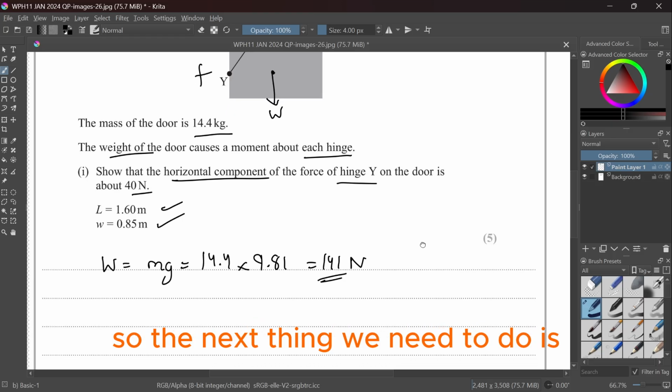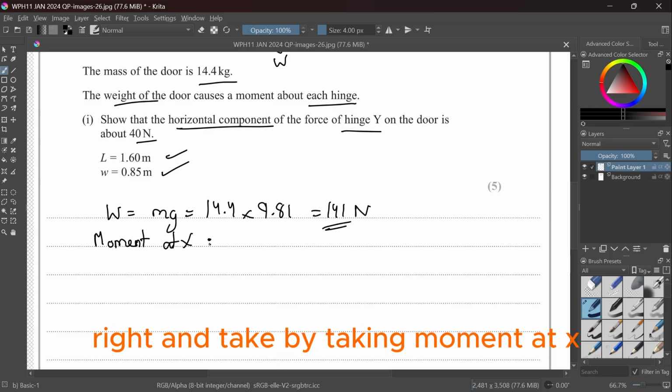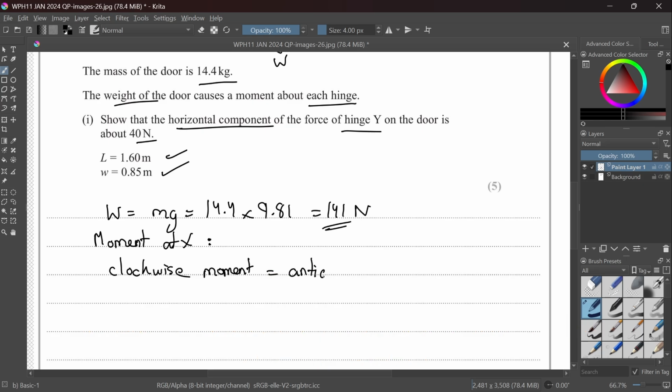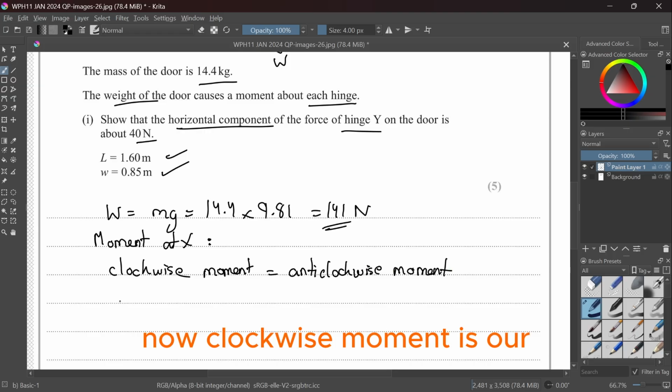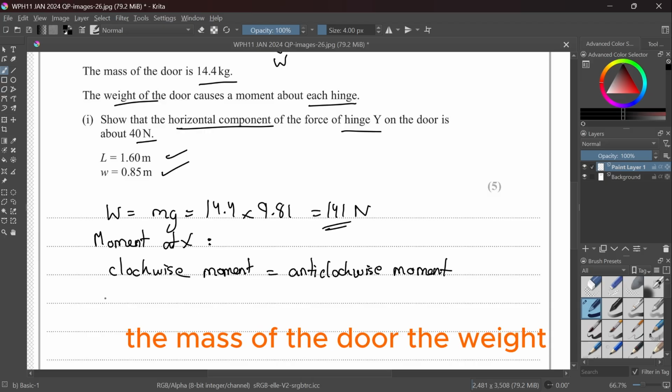So the next thing we need to do is tell the examiner that we are taking moment at X, right? And by taking moment at X, we will be using the formula, which is clockwise moment is equal to anti-clockwise moment. Okay, now the clockwise moment is from the mass of the door, the weight.